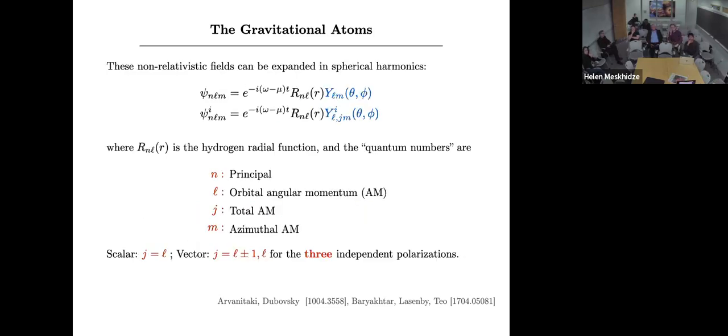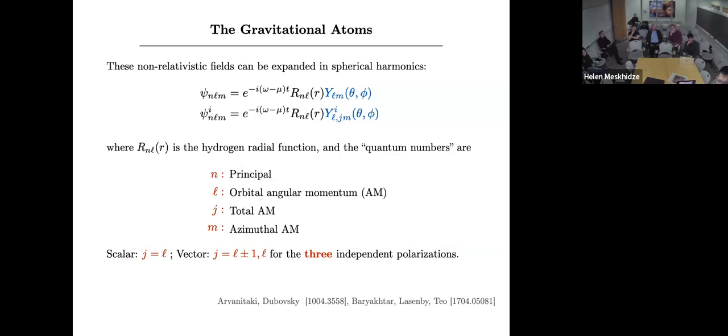Given that they obey the same equations, it wouldn't surprise you that they obey similar solutions, where, just like the hydrogen atom, if we expand the results in spherical harmonics, in scalar and vector harmonics, you obtain radial solutions like the radial solutions of the hydrogen atom.